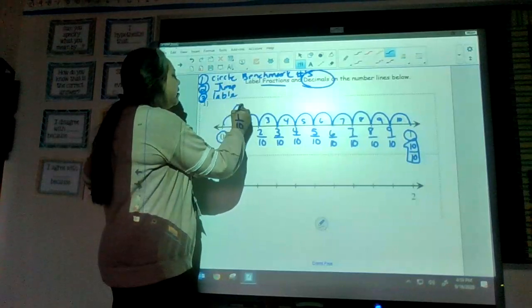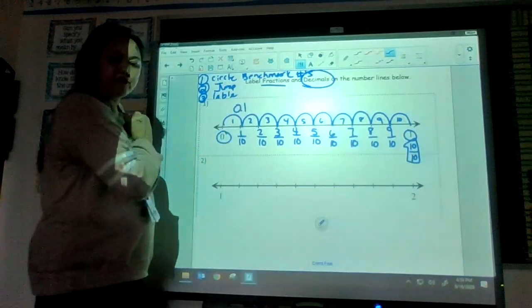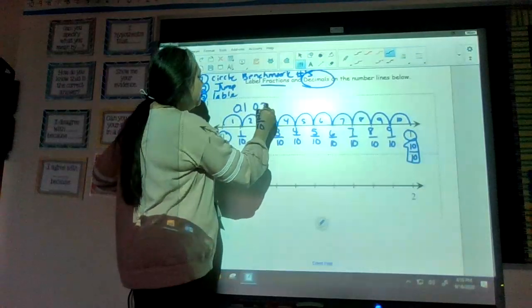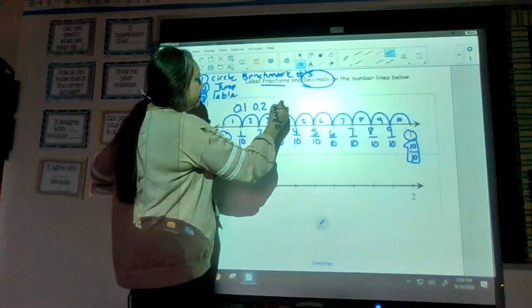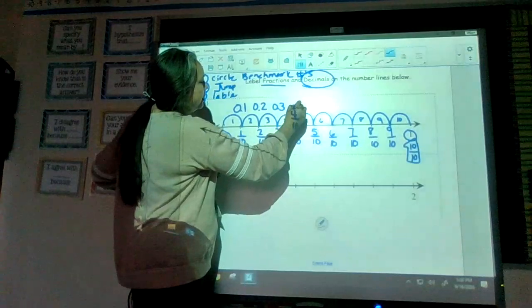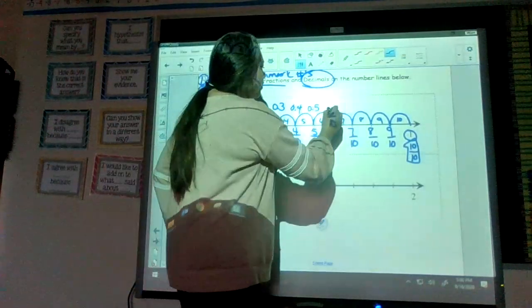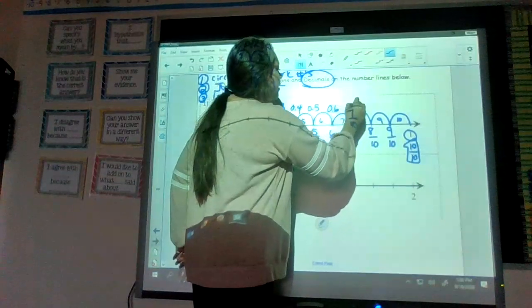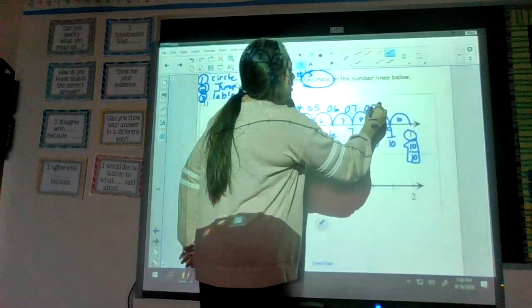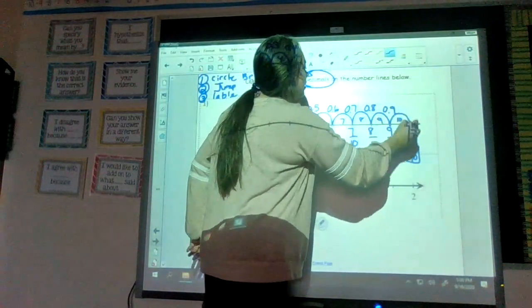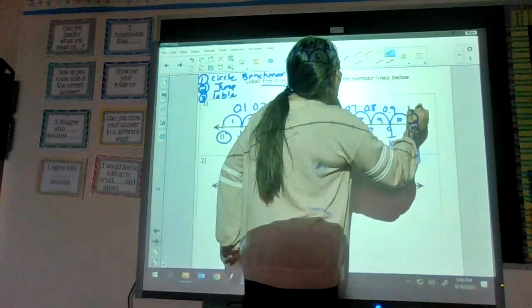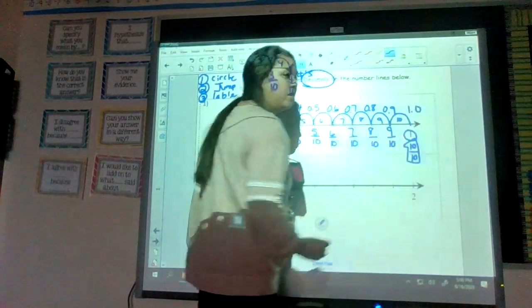And if you remember, our tenths place is one place after that decimal. 2 tenths, 3 tenths, 4 tenths. Go ahead and finish your number line here. 6 tenths, 7 tenths. Oh, and 10 tenths is just one whole.